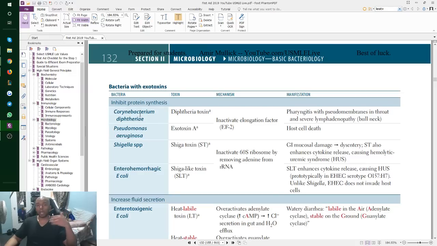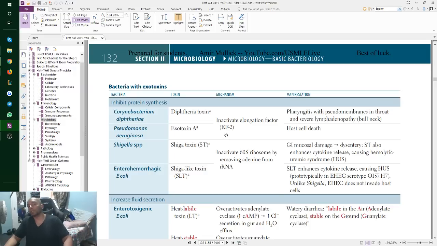For example, I could give you a question about a patient with pharyngitis and pseudomembranes, right? Tell you that it's Corynebacterium diphtheriae, not even make you guess, and then ask you what other bug would release a toxin that does a very similar mechanism as Corynebacterium diphtheriae, and the answer would be Pseudomonas, because they both release toxin that inactivates EF2.